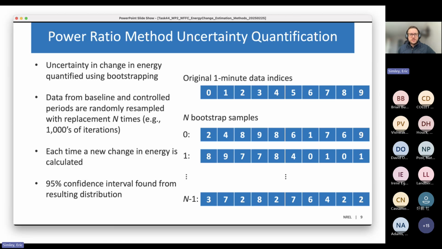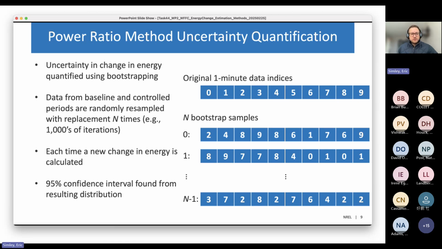To quantify the uncertainty, this approach uses bootstrapping. So this is where we take our data sets for the baseline and wake steering control periods, and then randomly resample them with replacement many times, n times, typically over 1,000 iterations.